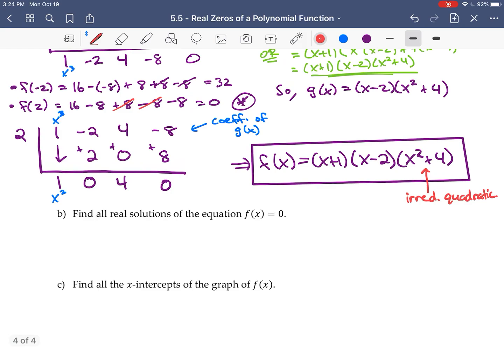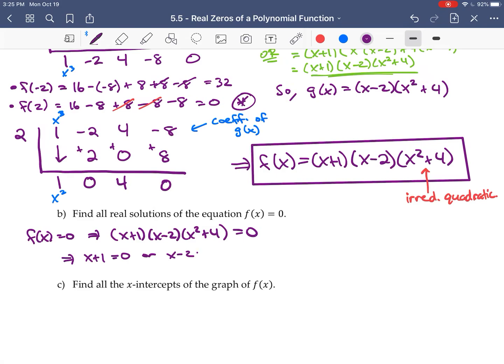So if we wanted to find all solutions to the equation f of x equals 0, then, oops, I'm in pink here. So f of x equals 0 means I'm going to use the factored form because it's easier to do when it's factored. So it means the factored form equals 0, which means that one of the factors is 0. So x plus 1 is 0, x minus 2 is 0, or x squared plus 4 is 0.